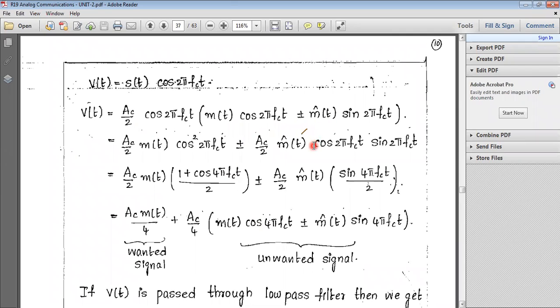Everyone must do the analysis. You multiply Ac by 2 cos 2 pi fct into the inside parameters.